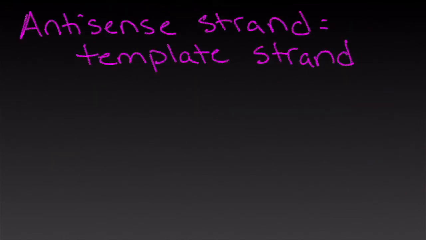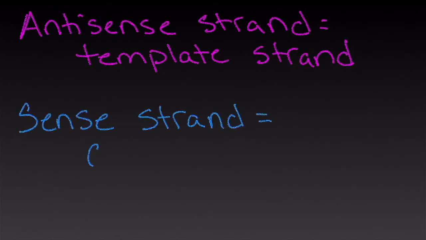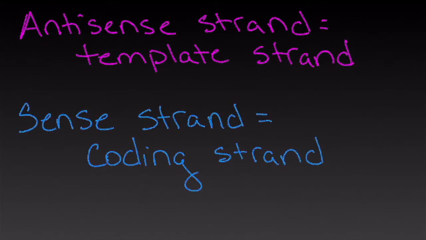Okay, so more terminology. The antisense strand is also called the template strand. It's called the template strand because it is the template for mRNA, right? It's the template for mRNA. But mRNA is complementary to that strand. So the sense strand then is called the coding strand.